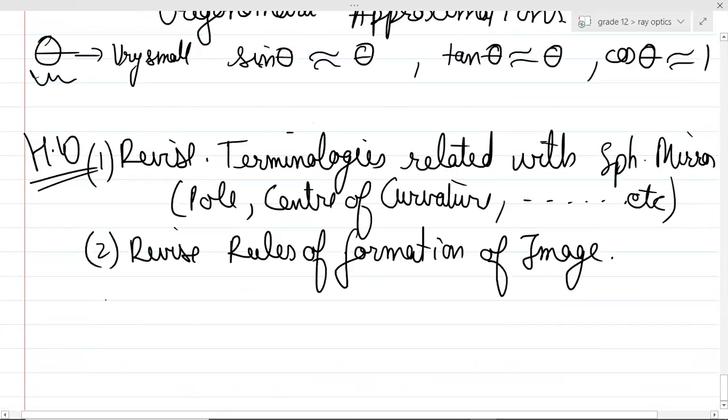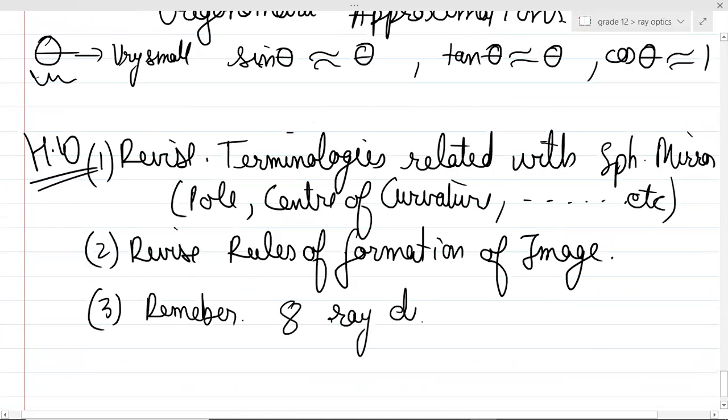And apart from these rules, you need to remember those 8 ray diagrams of spherical mirrors, both.